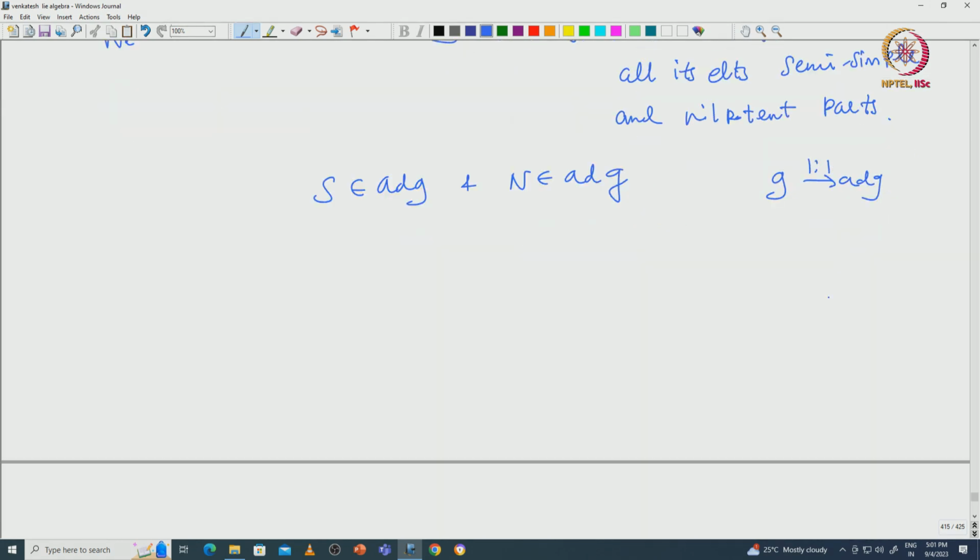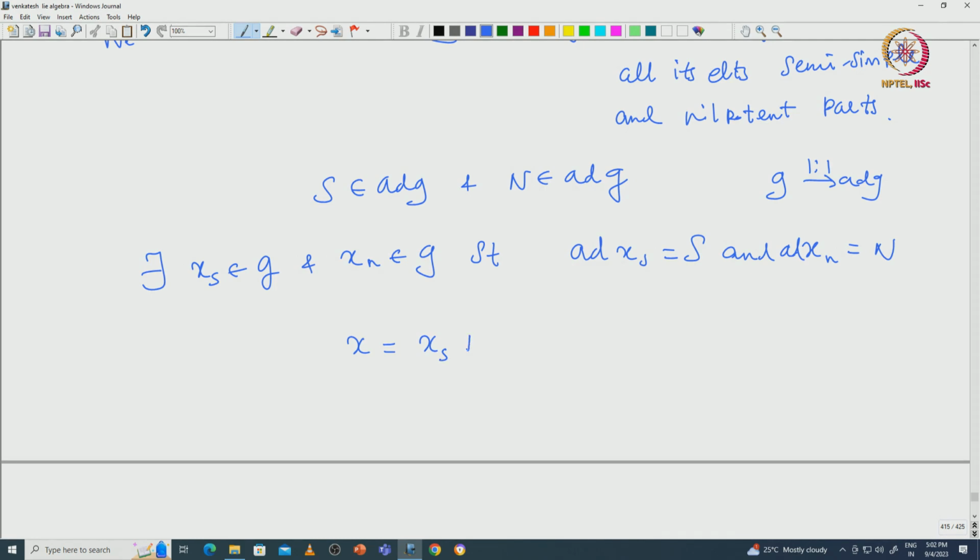So, there exist x_s in G and x_n in G such that ad x_s will be equal to capital S and ad x_n will be capital N. Now, if you go back to what happens inside G, x is written as x_s plus x_n and ad x is written as ad x_s plus ad x_n.